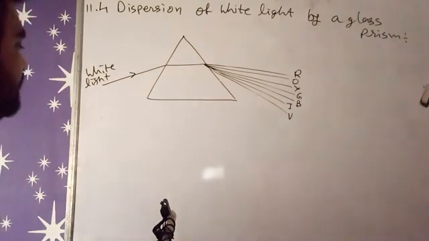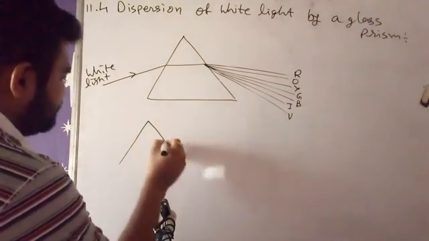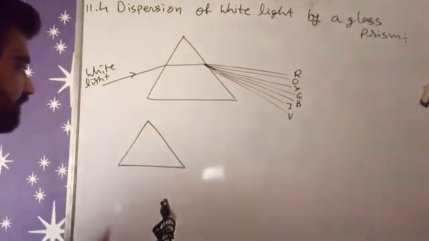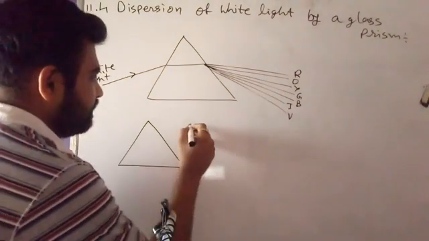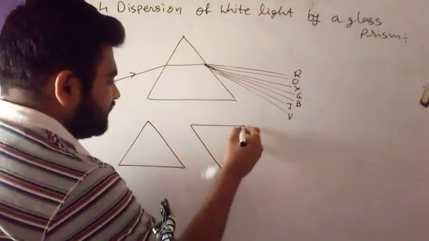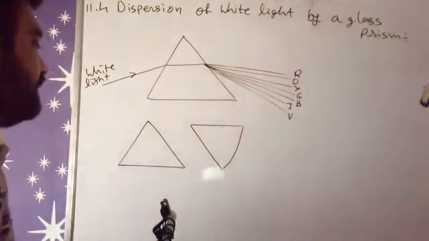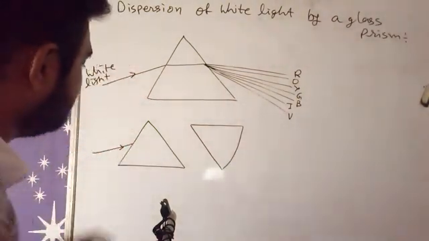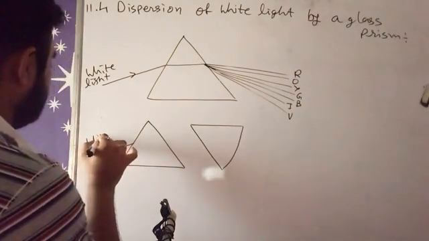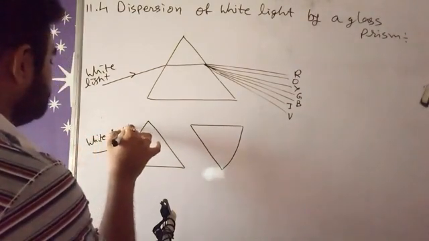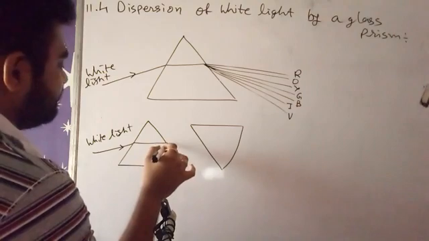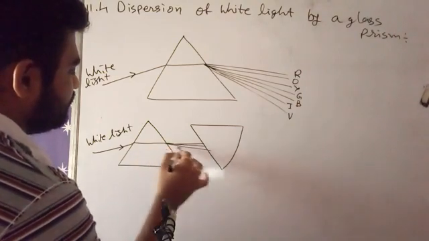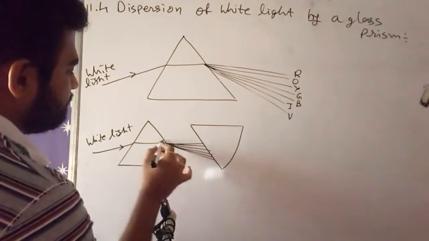Second, if we have one prism which is upright and another prism which I put inverted, white light strikes the surface of the first prism. So this is our white light. From here it will split, right?